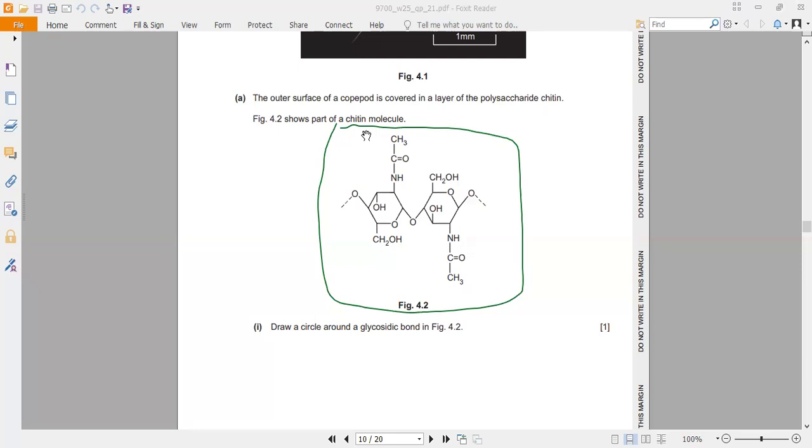When water is added, these molecules are hydrolyzed, and the glycosidic bond will be broken down. They have shown only two monomers, but when they break down, they will be separated from here. So I'm going to draw these in the given space.